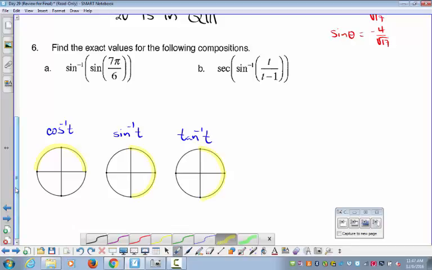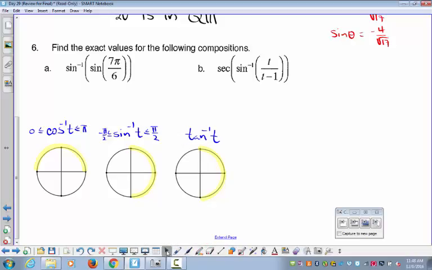So this tells us that we interpret the picture. Inverse cosine is an angle that is greater than or equal to 0 and less than or equal to pi. But inverse cosine is an angle on top. That means it could be anywhere between 0 and pi. This tells us that inverse sine is an angle that's between negative pi over 2 and pi over 2. Some angle on the right side.